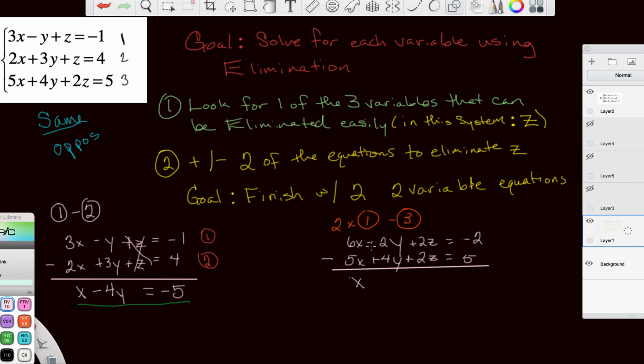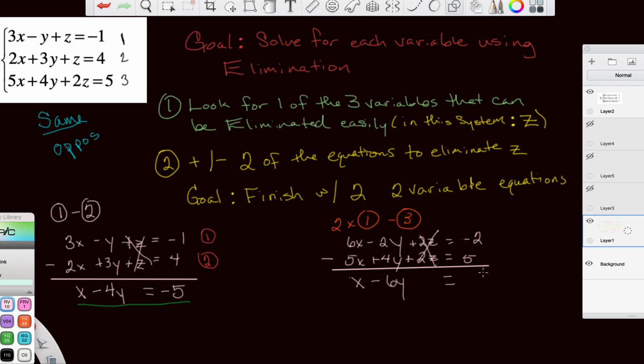Great. Negative 2y minus 4y is negative 6y. And then 2z minus 2z again cancels it out.